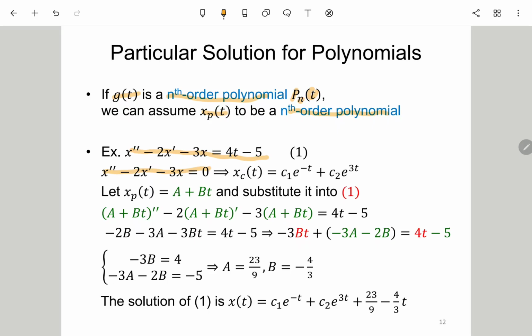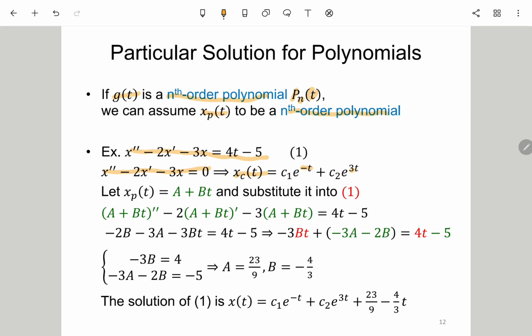Then s squared minus 2s minus 3 equals 0. So you have negative 1 and 3 as the two solutions to the auxiliary equation. So this is the complementary solution, or we call it the homogeneous solution, xc of t equals c1 exponential of negative t plus c2 exponential of 3t.